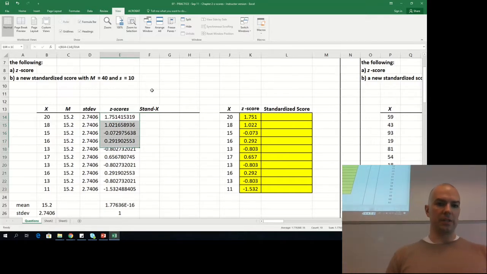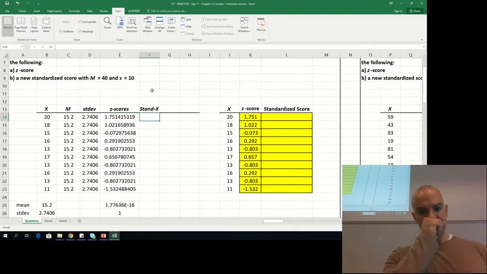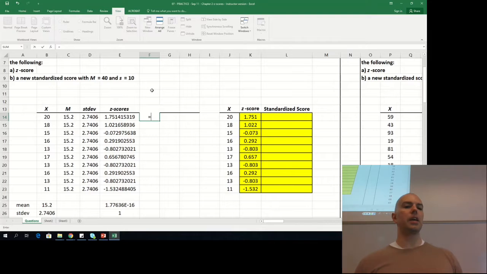So we're going to use these z-scores right here. But in order to get the new standardized scores, we have to take the new mean that we want. So we look at the question and they say, give me a new standardized score with a mean of 40 and a standard deviation of 10. So we got our new mean equals 40.